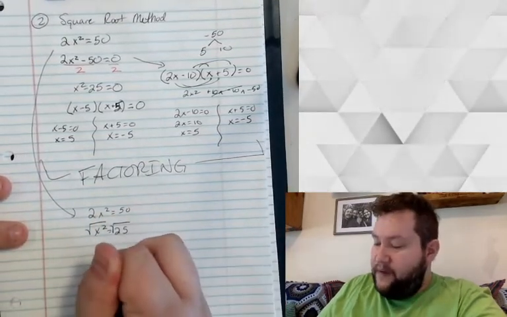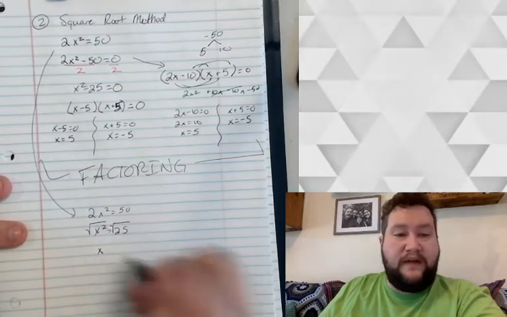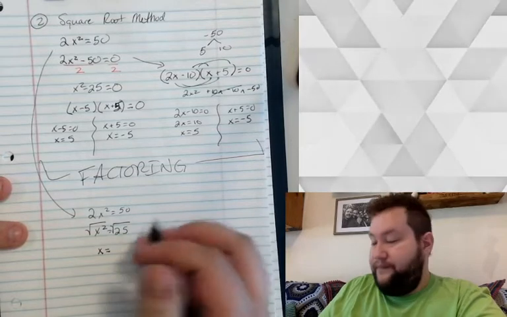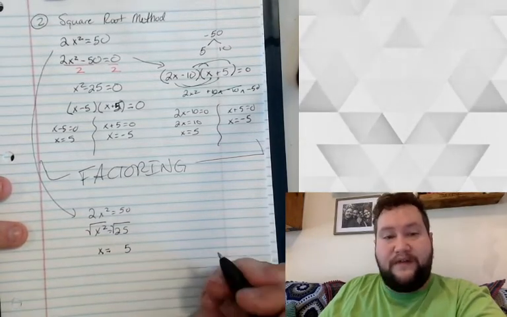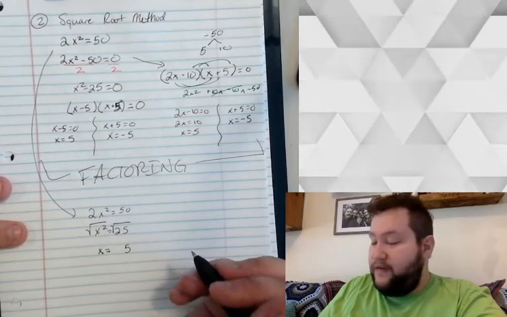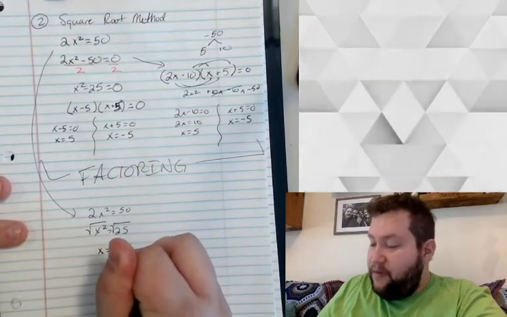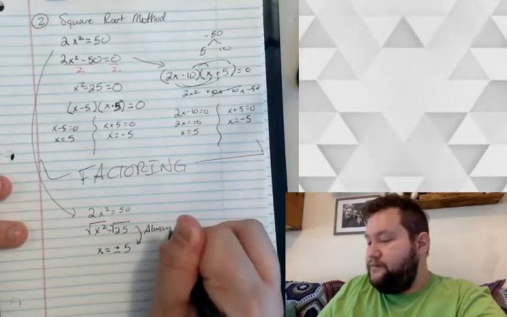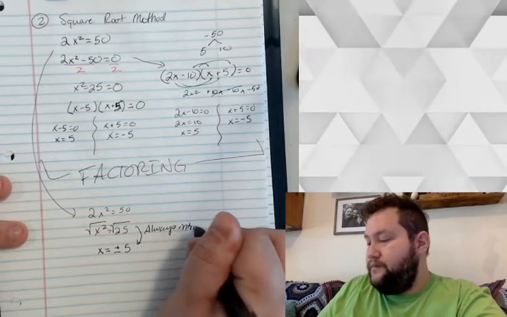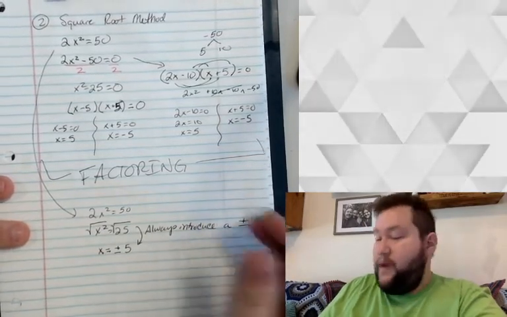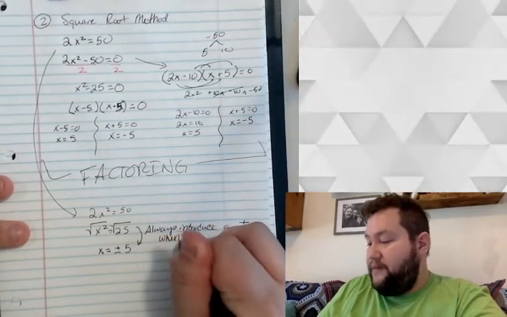So here the square root of x squared gives us x. And then the square root of 25, well, 5 times 5 is 25, but negative 5 times negative 5 is also 25. So it's important that we always introduce a plus or minus when we take the square root of both sides.